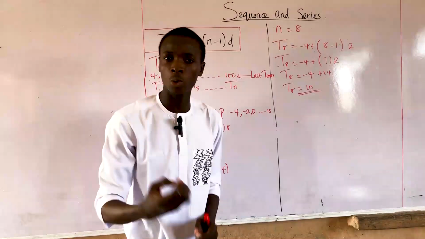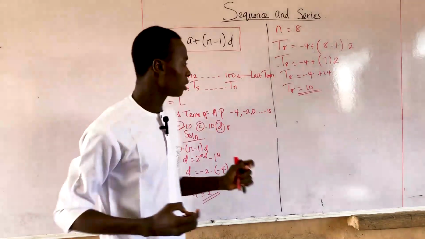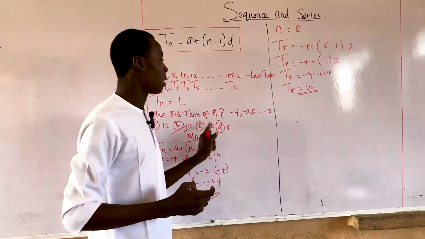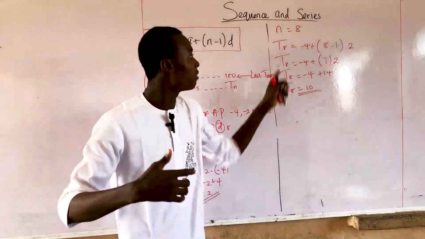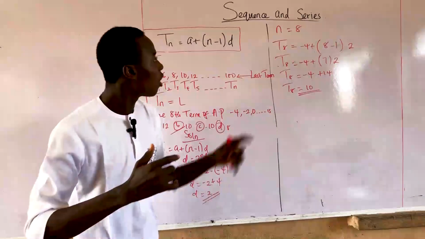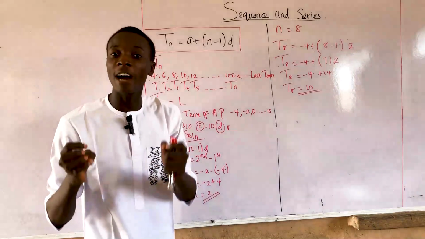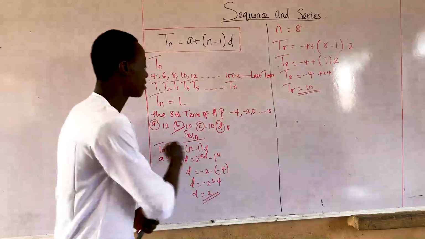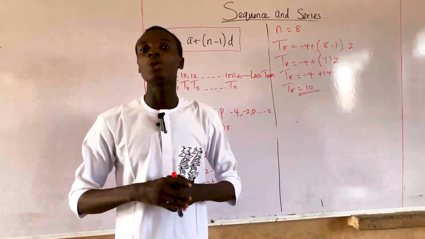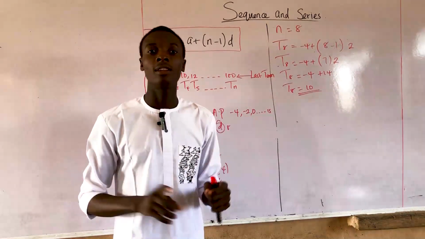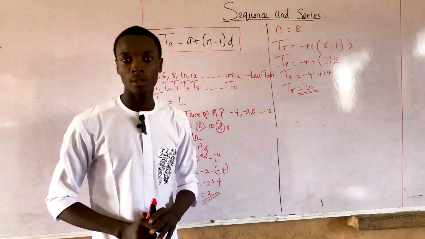If you want to understand this formula, you may begin to wonder, does that mean the total number of terms we have in this example is 8? No, that's not the answer. The total number of terms we have here is not 8. We have to think of n as the position of a particular term when you are finding a missing term, just like this example. But if you want to know the number of terms, as in the first example, you may think of n as the number of terms. That's all.